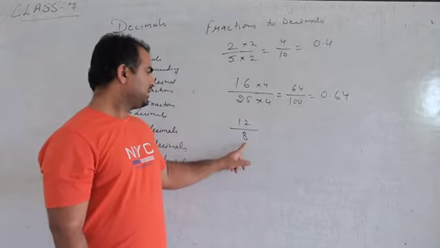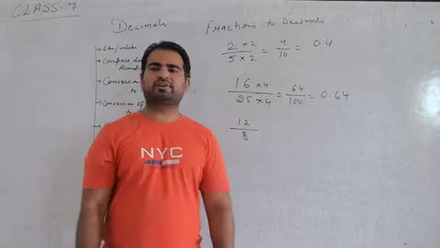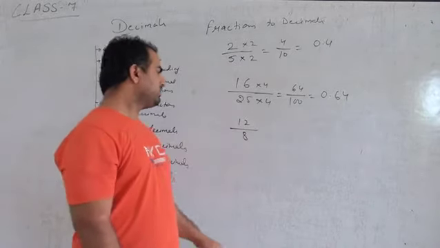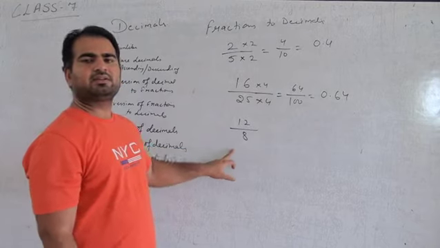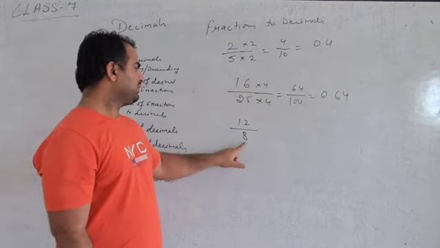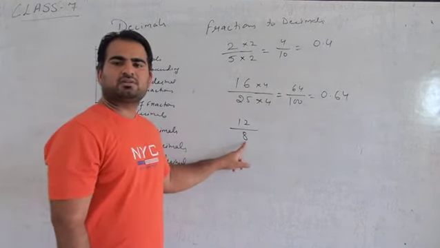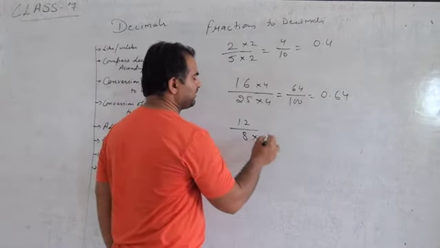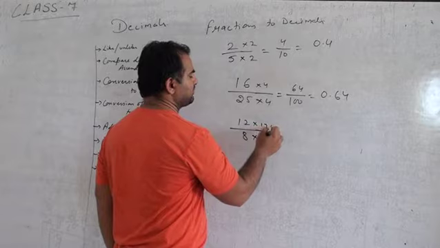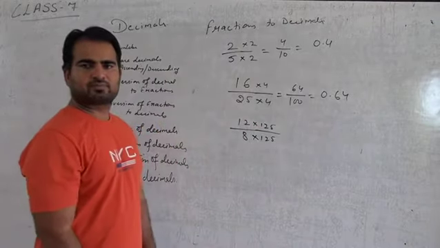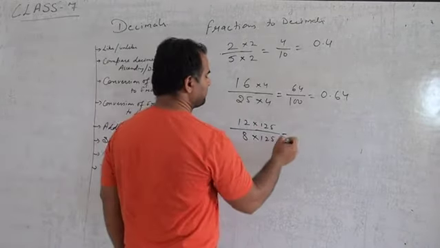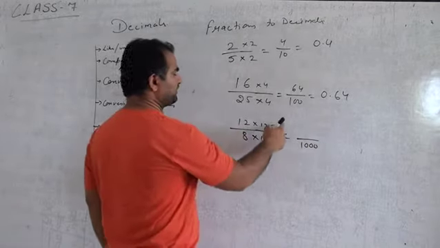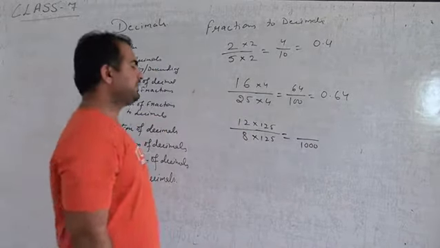Now can we convert it into 100? No, we cannot convert it into 100 by multiplying by any integer. But we can convert it into 1000 by multiplying it by 125. So we also have to multiply the numerator by 125. So 125 into 8 will be 1000, and 125 into 12 will be 1500.